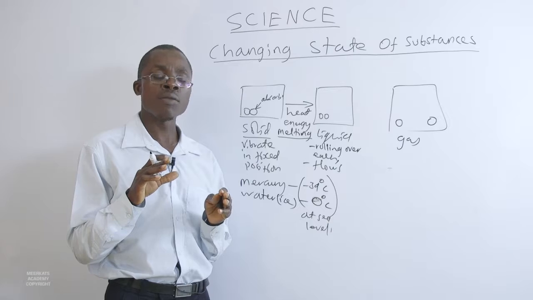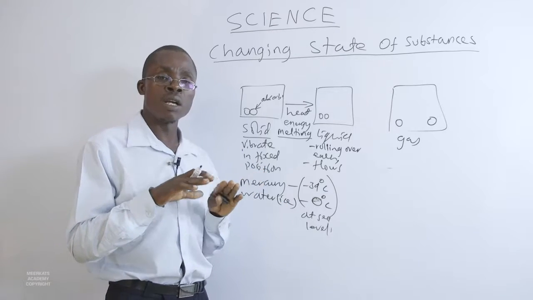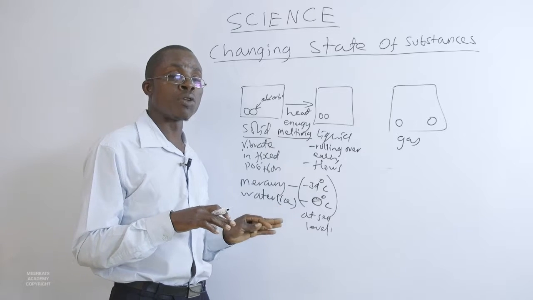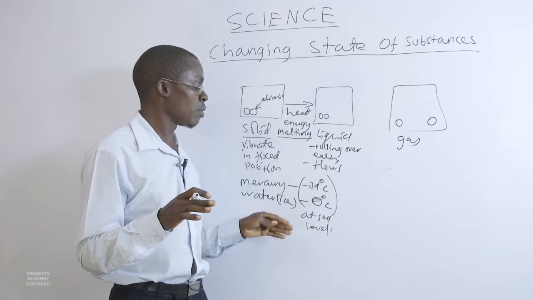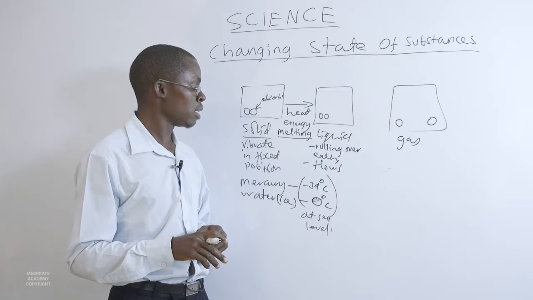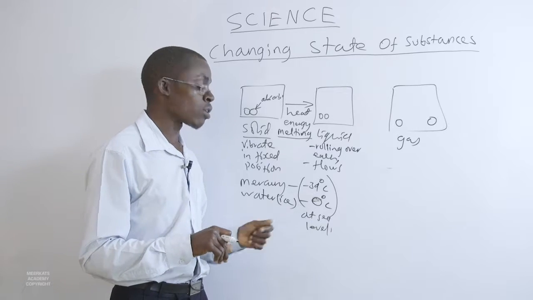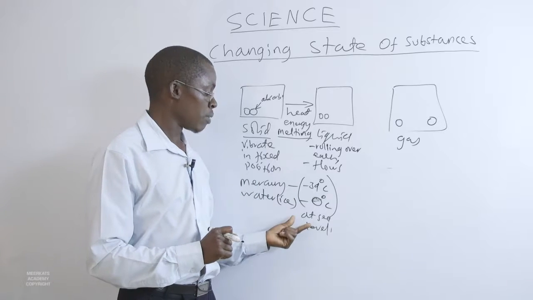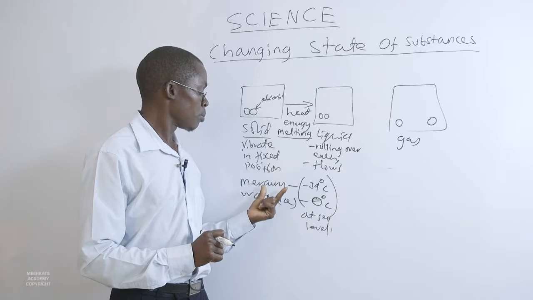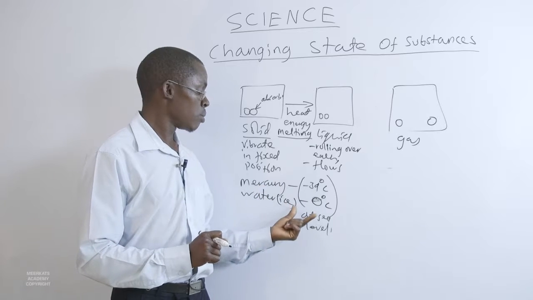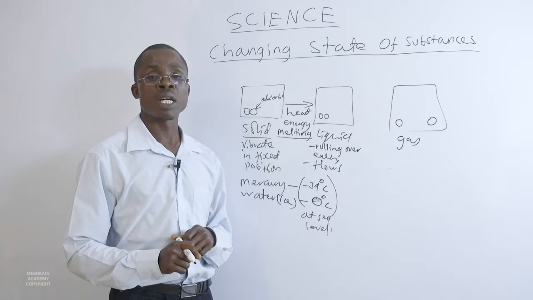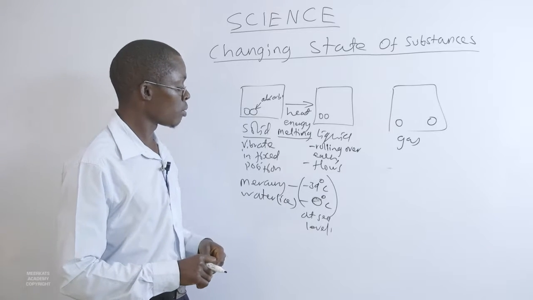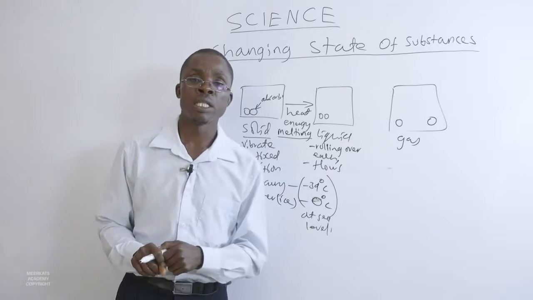Therefore, they will exert different levels of pressure on that mercury or on that water, depending on where you are. So at sea level is when you talk about negative 39 degrees centigrade or 0 degrees centigrade. But anywhere above sea level, you will find that the melting point of mercury or of water will automatically change. But we have to go with the standard ones, which is at sea level.